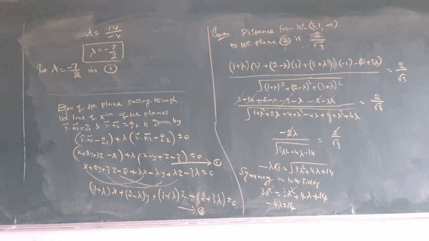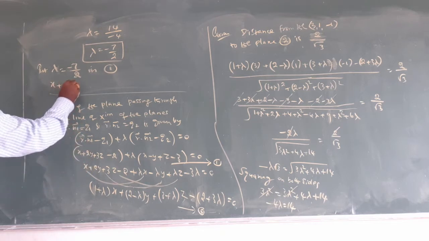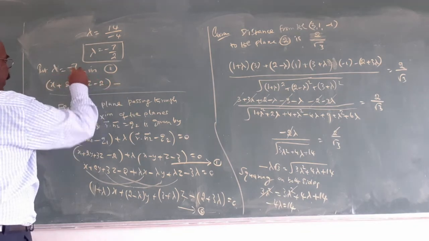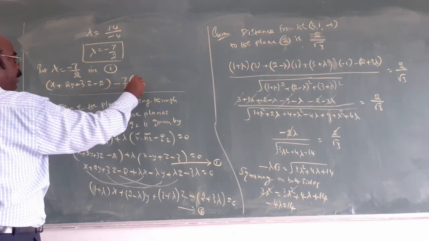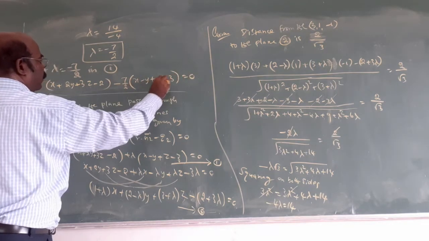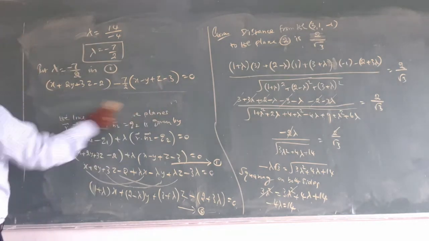Substitute lambda equal to minus 7 by 2 in the first equation. We get the answer: x plus 2y plus 3z minus 2, plus minus 7 by 2 into x minus y plus z minus 3, equal to 0. Am I right? Now simplify this answer.